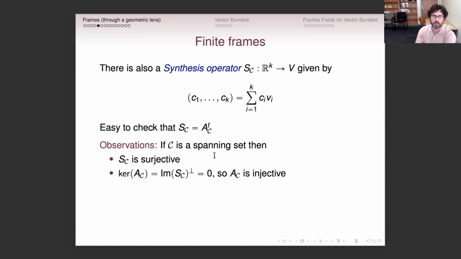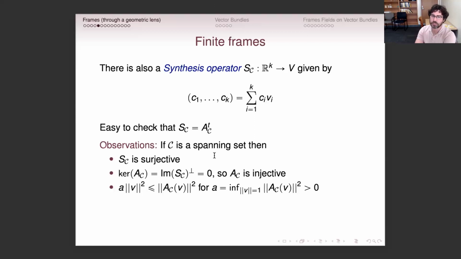And then by the transpose property, the kernel of the analysis operator is orthogonal to the image of the synthesis operator, and so that has to be trivial. And so that means my analysis operator was injective.